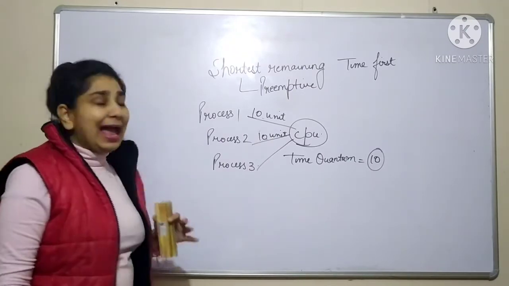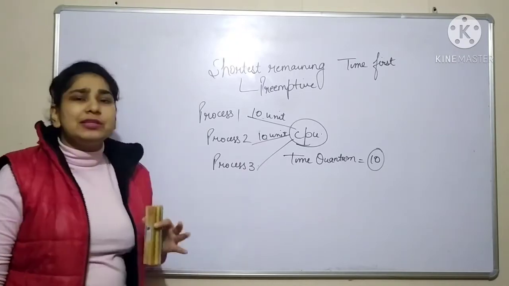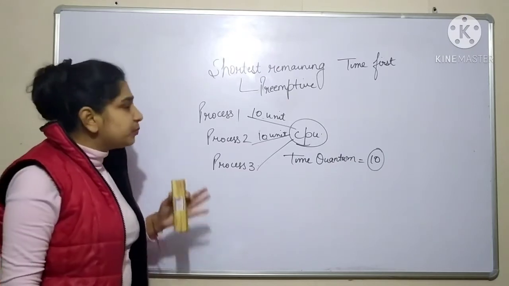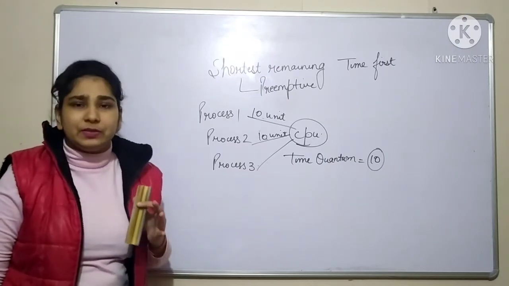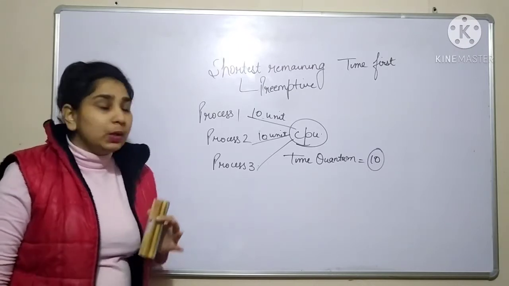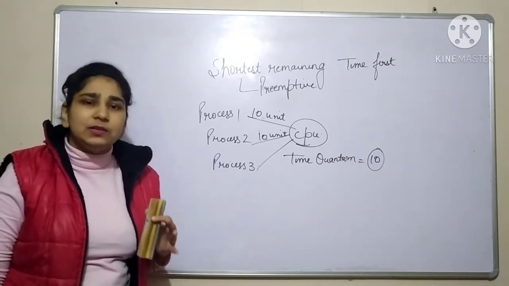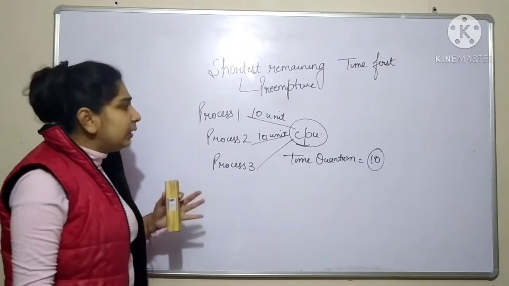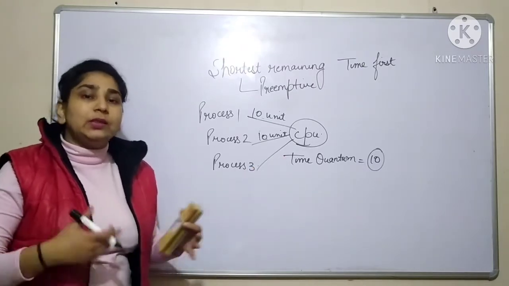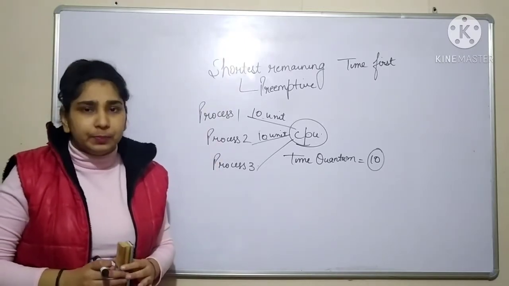Obviously, as our time quantum increases, your response time is going to increase. But we have to reduce our response time; we want to execute many processes as fast as possible.